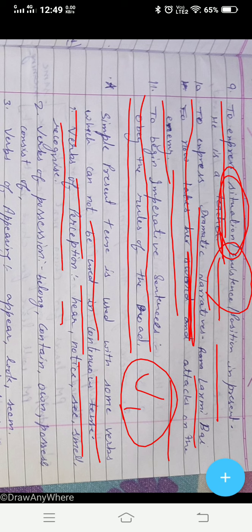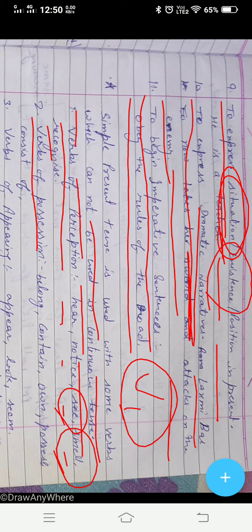Perception means hear, notice, see, smell, recognize. कभी भी noticing नहीं होता है. hearing होता है जब हम जज की बात कर रहे हैं, जब हम कोर्ट की बात कर रहे हैं. Seeing is very rarely used. Smelling is very rarely. I smell is right, but I smelling is wrong.